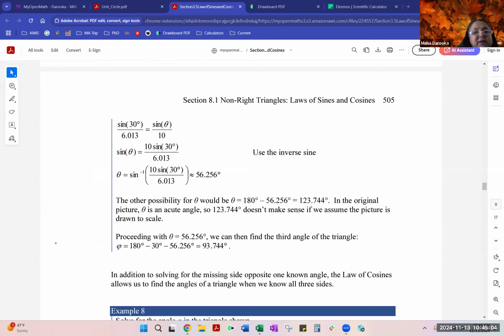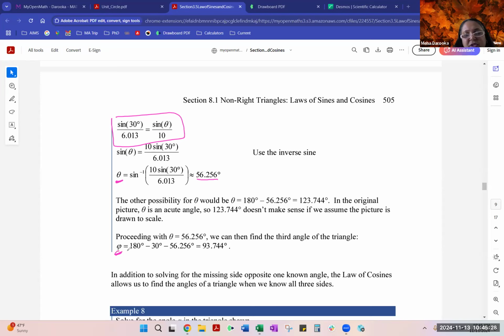We're going with angle theta, which was opposite to side 10. Setting this up with the law of sines and simplifying, angle theta comes out to be 56.256.